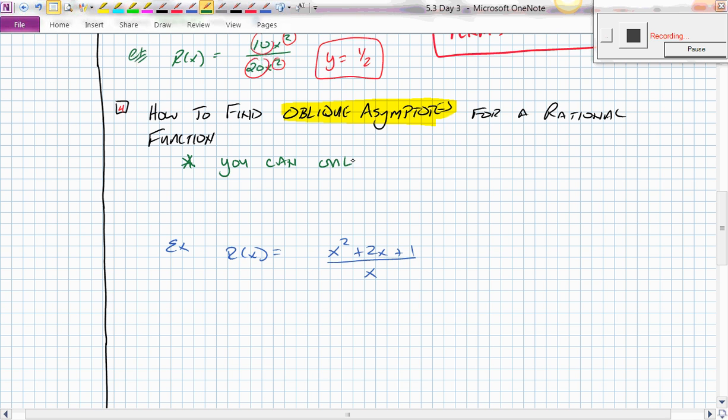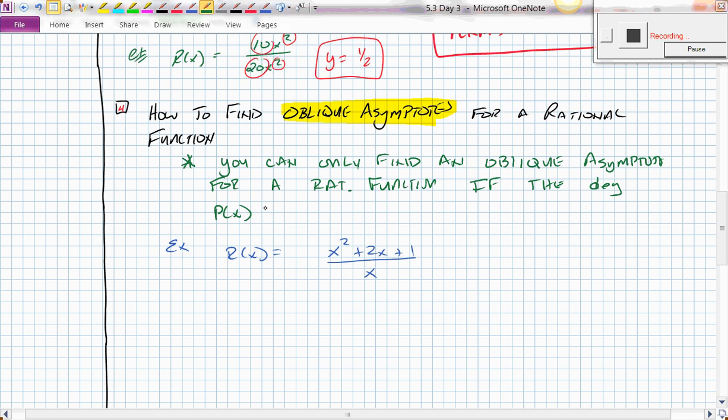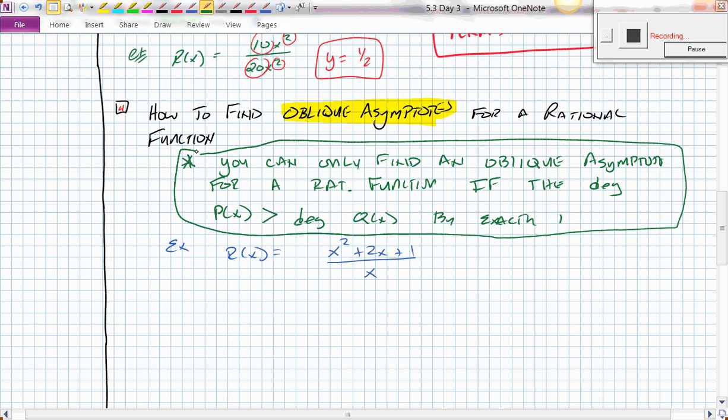You can only find an oblique asymptote for a rational function if the degree of P of x, which is your numerator, is greater than the degree of Q of x, which is your denominator, by exactly 1. If it's greater than 1, like if they have a difference of 2, then you get a parabolic asymptote, and we don't have to cover that in this class, but that's what you would get.